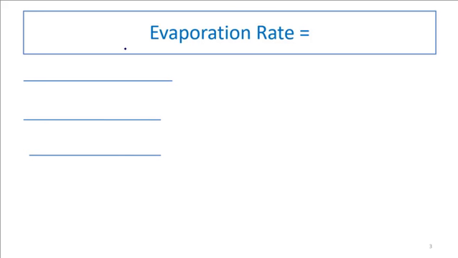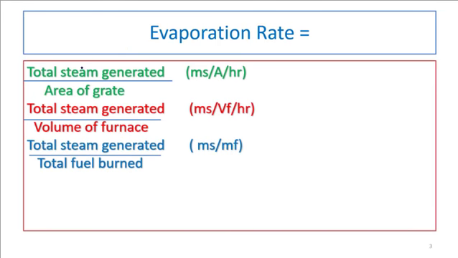Now evaporation rate. Evaporation rate is simply the mass of steam produced per hour. Other than that, grate area, furnace volume, and fuel burnt have to be considered to measure the evaporation rate, and this way it can be done.